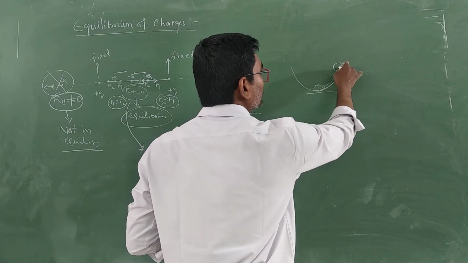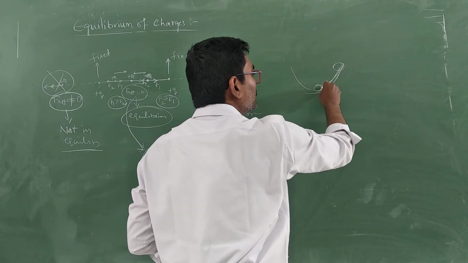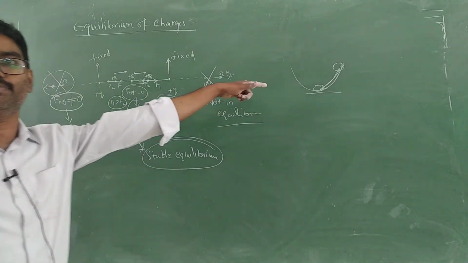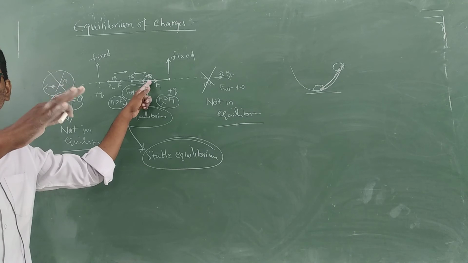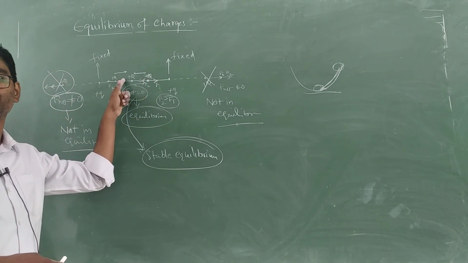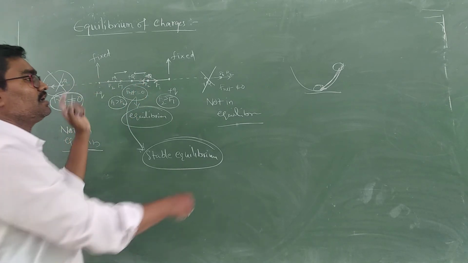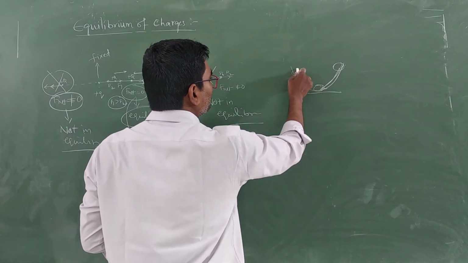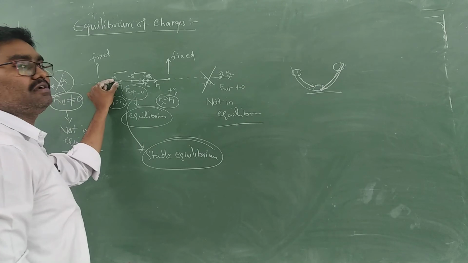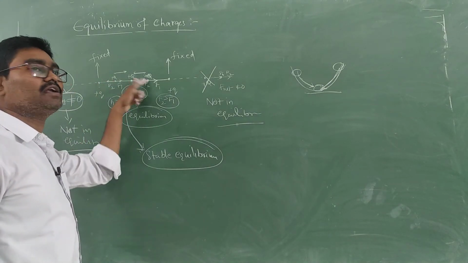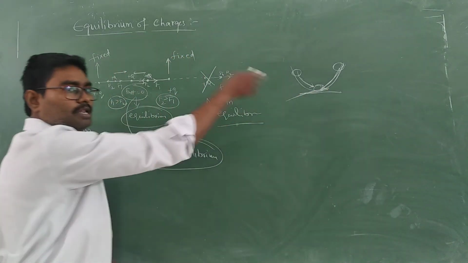From here you displace it, it does not stay there, and again reaches the mean position. That is stable equilibrium. If you displace it to the right side or to the left side, like moving this ball, again it will come back. Similarly, if I place this charge here, again it will come back to its mean position. So it is in stable equilibrium.